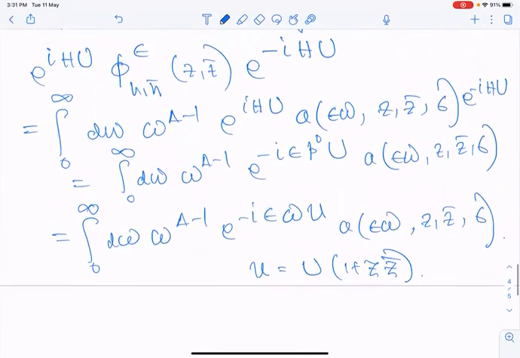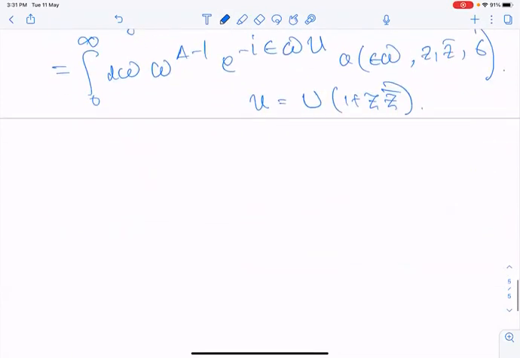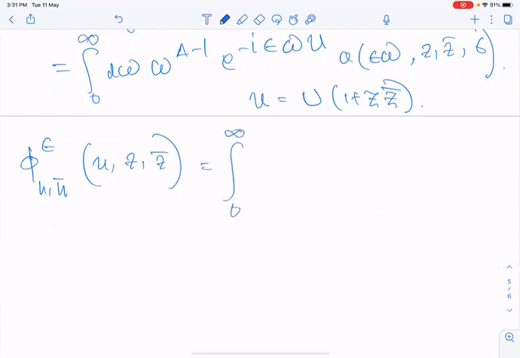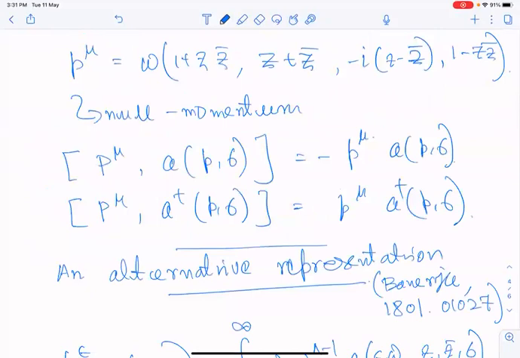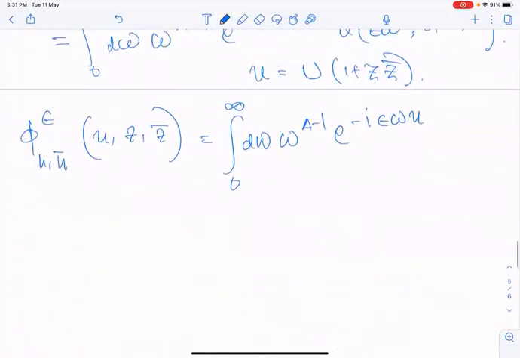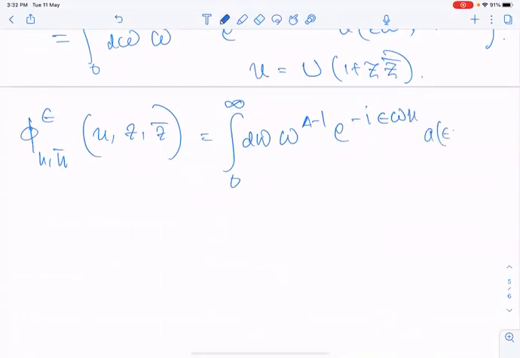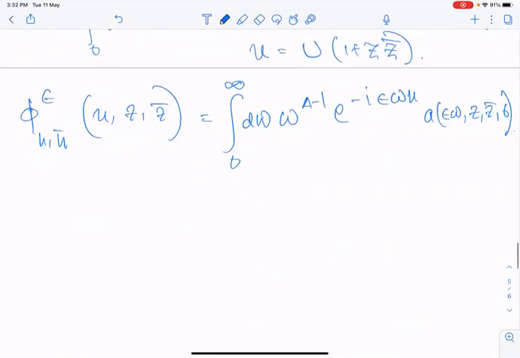This operator, this U-dependent transformation, you can just call the U. Now this operator depends on three coordinates U, Z, and Z bar.